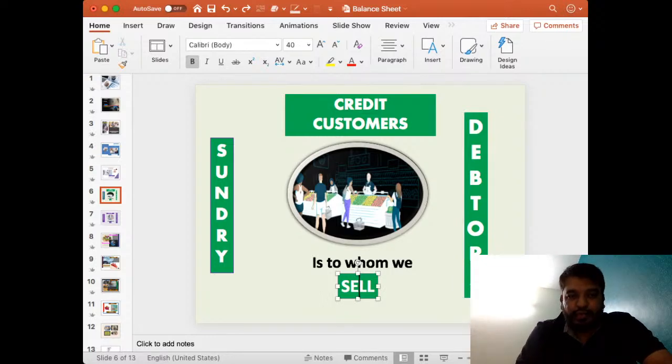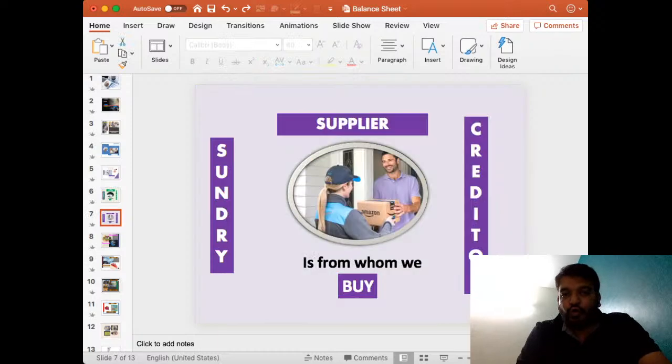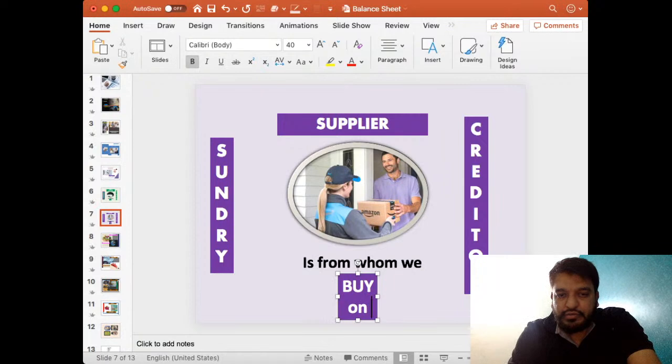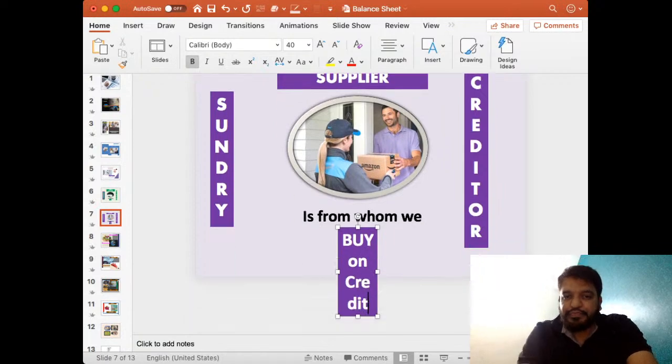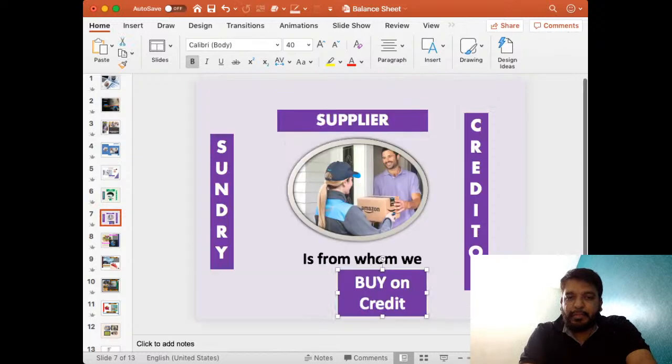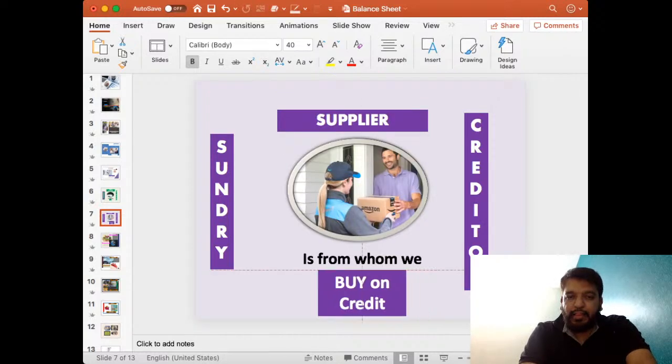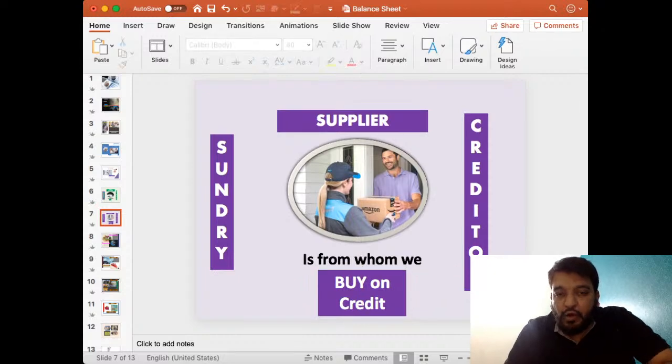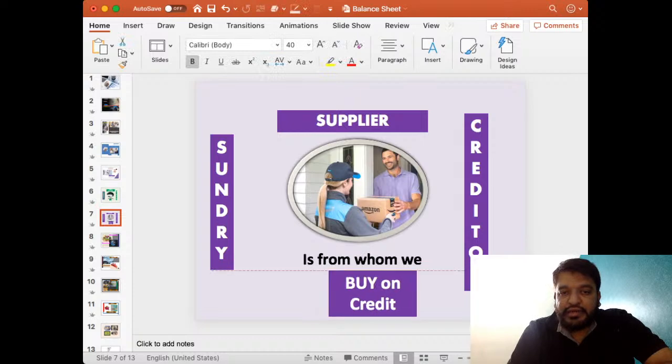And those from whom we buy are suppliers. And if we buy on credit, let me add that word here. If we buy on credit, otherwise they will not be termed sundry creditors.